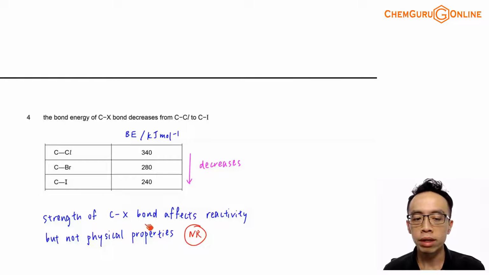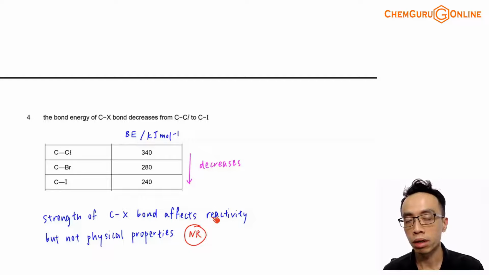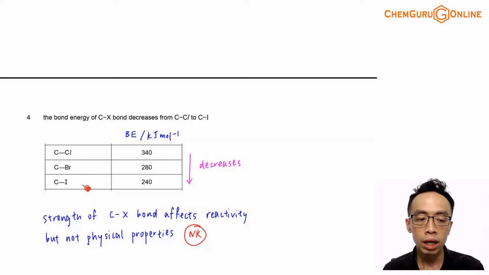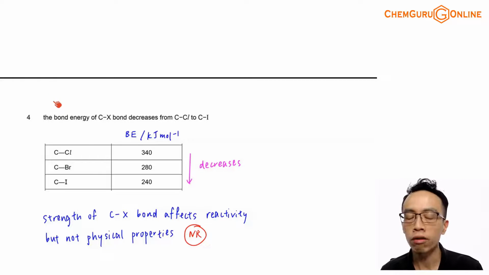The strength of my C-X bond affects the reactivity, that means the chemical reaction and how reactive your halogenoalkanes are, and it is not affecting physical properties like boiling point and solubility in organic solvent or solubility in water. So even though the statement is true, it is not relevant to explaining the boiling point of my halogenoethane, so statement 4 is not part of my answer.